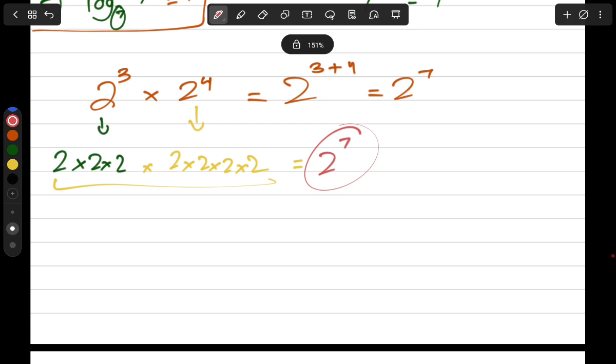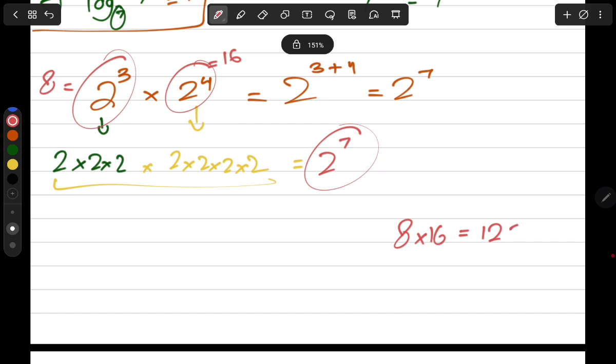Now let's rewrite everything using logarithms. Suppose 2 cube is 8, and suppose this is 16, right? And we are not supposing, of course, these are the answers. Then 8 times 16 gives me 128, right?